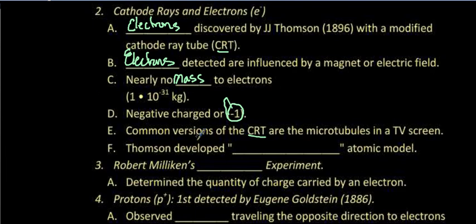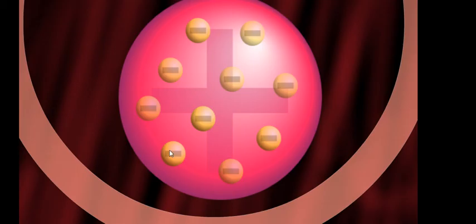Now, from this, Thomson developed the plum pudding atomic model. And so that looks a little something like this. This would be the plum pudding model, where you have a positively charged bulk of matter in which you have electrons embedded.